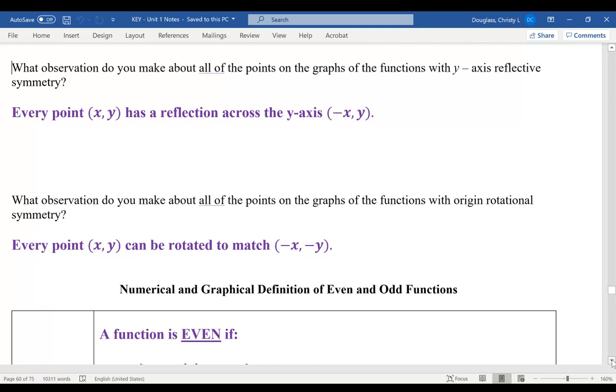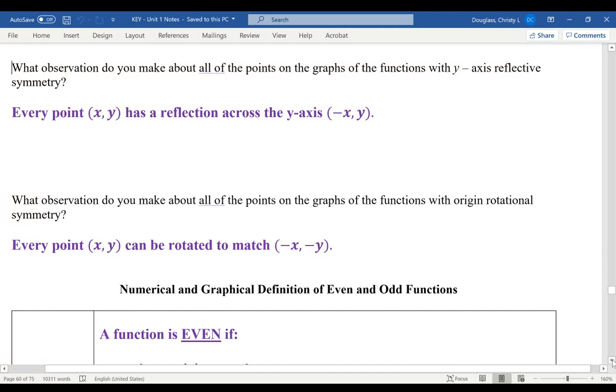And then it says, what observation do you make about all of the points on the graphs of the functions with origin rotational symmetry? And I mentioned this, every point on the graph, say perhaps in the first quadrant, x comma y, can be rotated to match a point in, say, the third quadrant, negative x comma negative y.